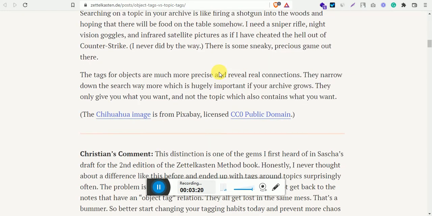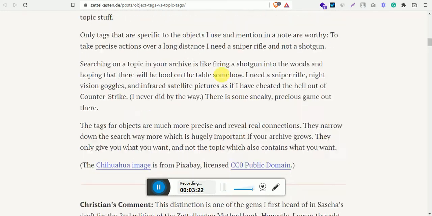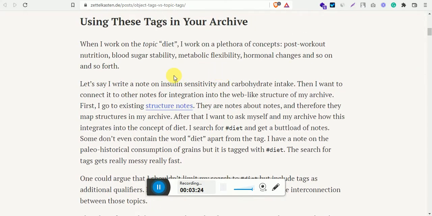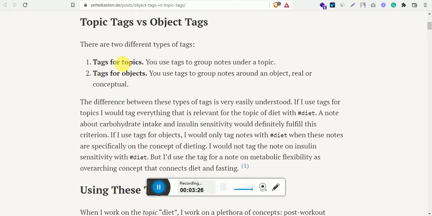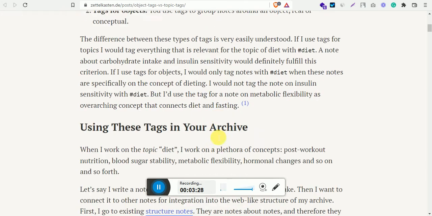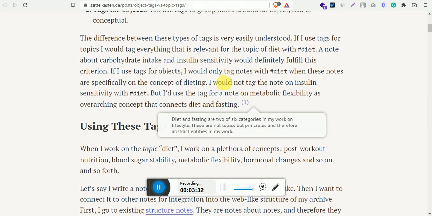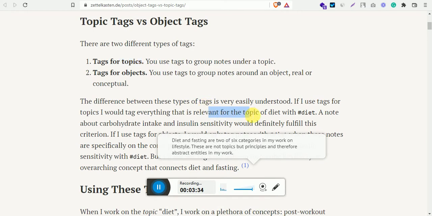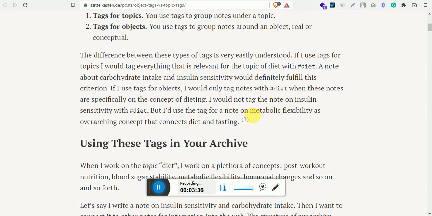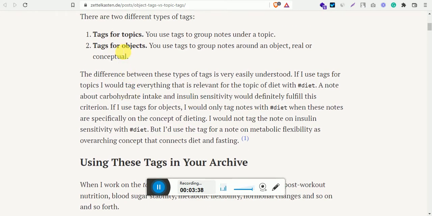So the author says that it should not be topic based, because diet is a particular topic which might contain insulin sensitivity. Rather, your thought must be connected to objects.